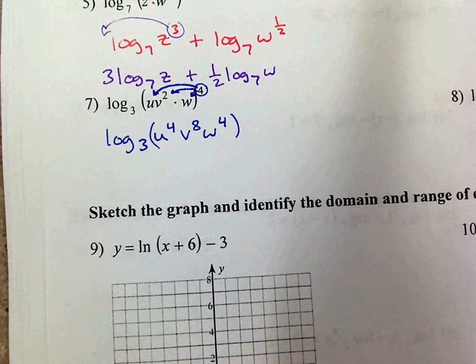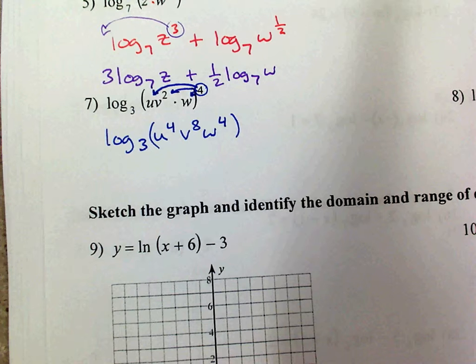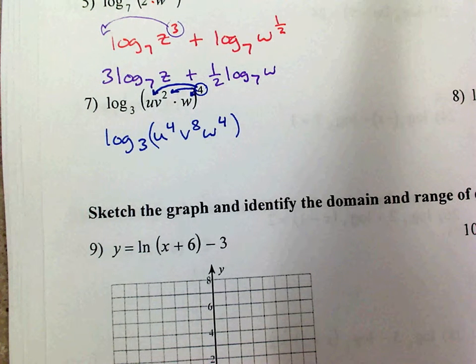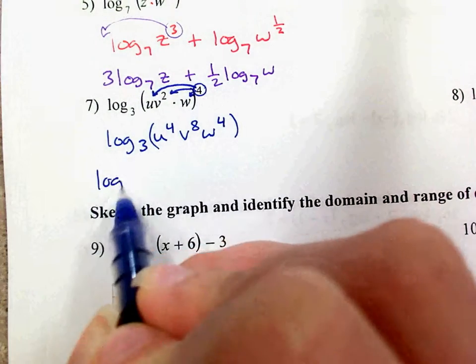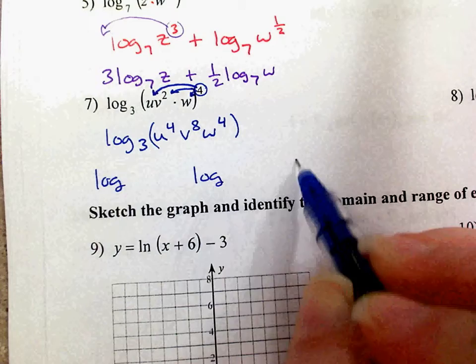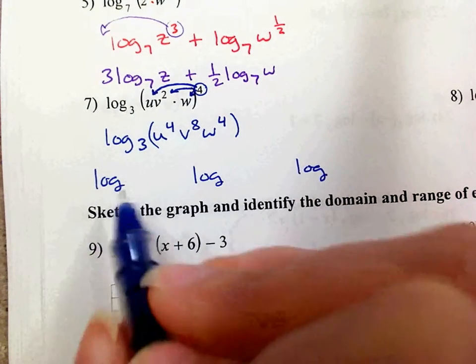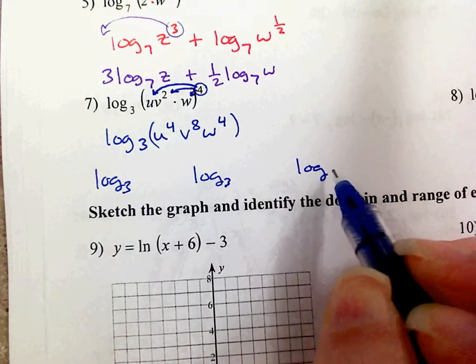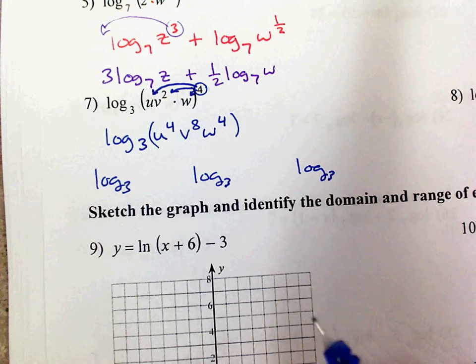Are these multiplied or divided? They're multiplied, so 3 logarithms, good. I'm going to have 3 logs. They're all log base 3. Are they all separated by addition?